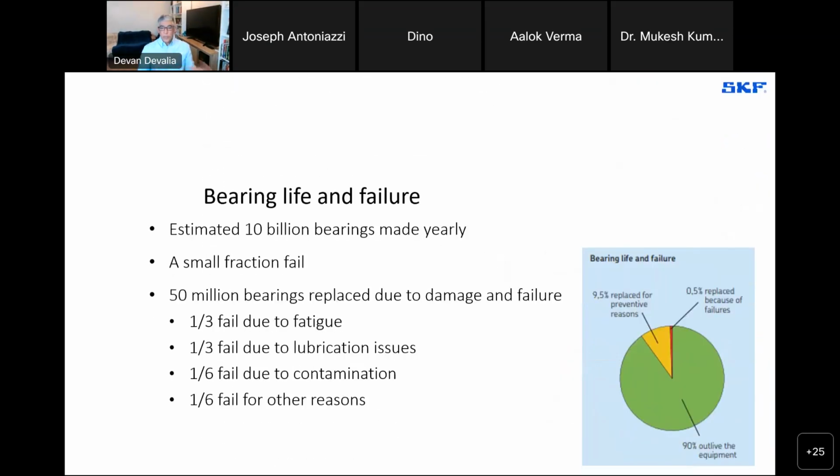So just to quickly put things into perspective, every year around the world, an estimated 10 billion bearings are manufactured, and only a small fraction actually fail. Most of them, some 90%, actually outlive the equipment in which they're installed. Your washing machine, dishwasher, etc. Oftentimes, you're throwing the unit out and the bearings are still functioning, right?